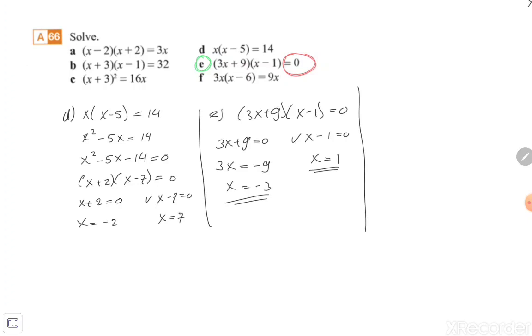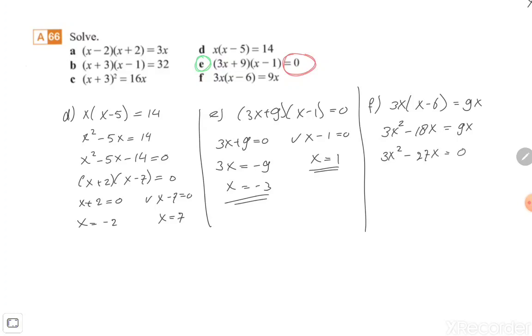Then the last one, exercise F. 3x inside the brackets (x minus 6) is equal to 9x. 3x times x is 3x squared. 3x times minus 6 is minus 18x. Is equal to 9x. Subtract 9x on both sides. Then you get 3x squared minus 27x is equal to 0.